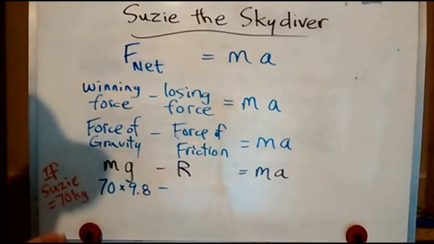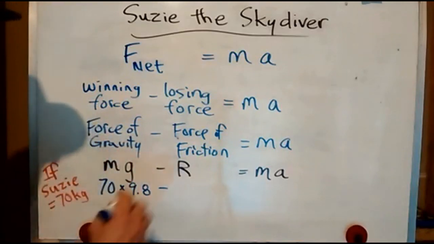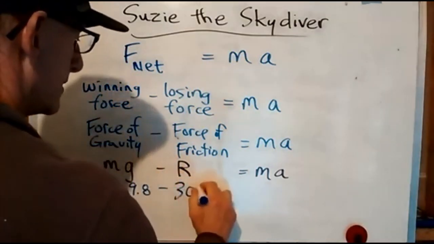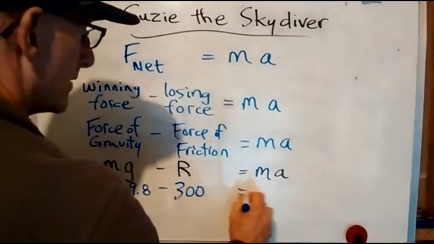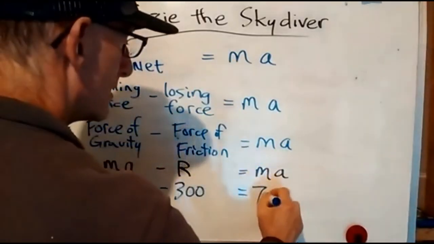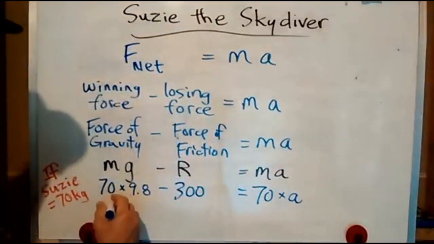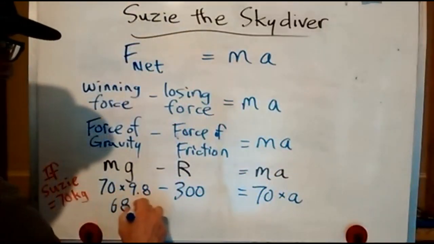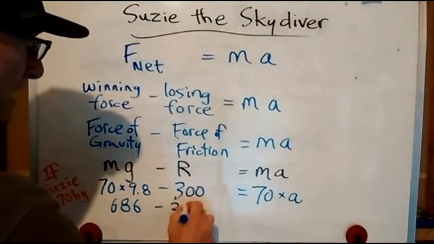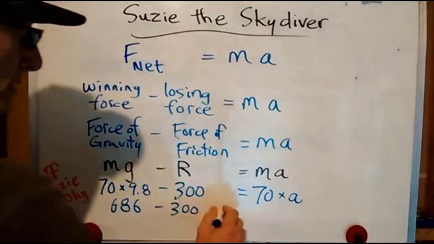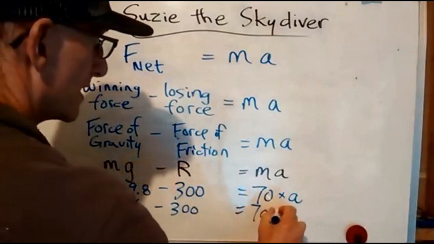And if the air resistance happened to be, for instance, 300 newtons, that would equal her mass 70 times the acceleration you're trying to find. 70 times 9.8 is 686, and minus the friction at that point in her fall is 300, is equal to 70 times a.